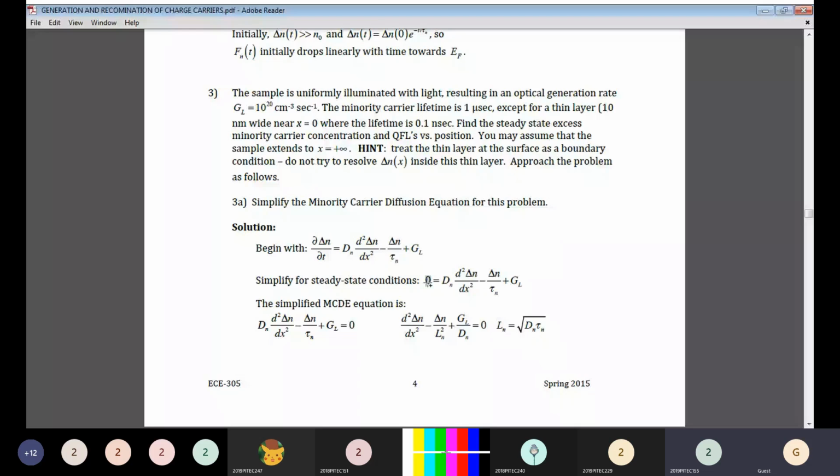We know that 0 = Dn ∂²Δn/∂x² − Δn/τn + GL.